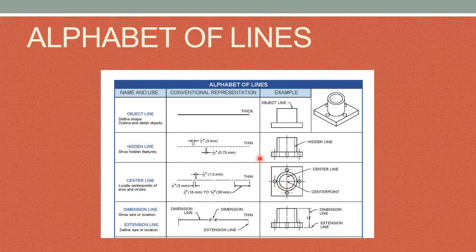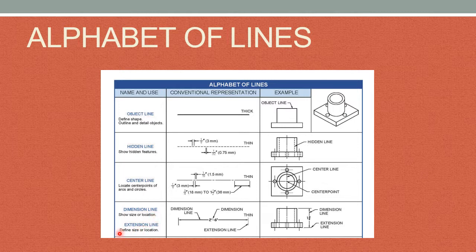Circles, I want to know where the centers are, so I use a center line. And the long, short is an indication that it is a center line. Dimension lines and extension lines. The dimension line shows the size.